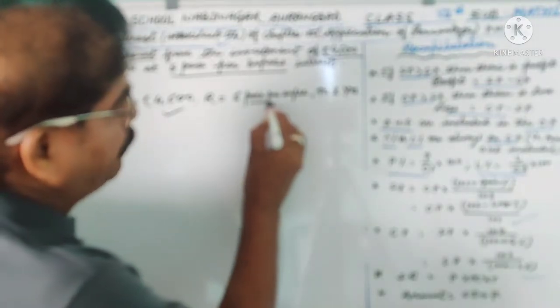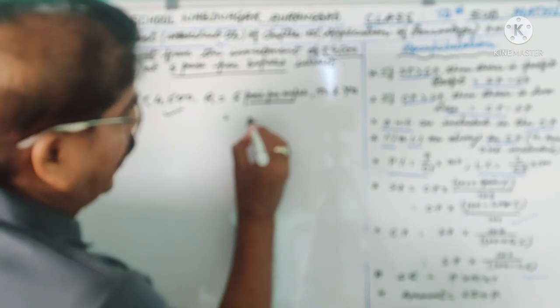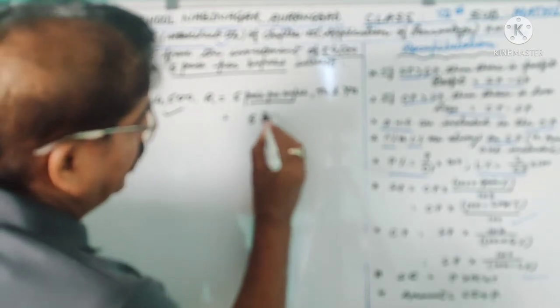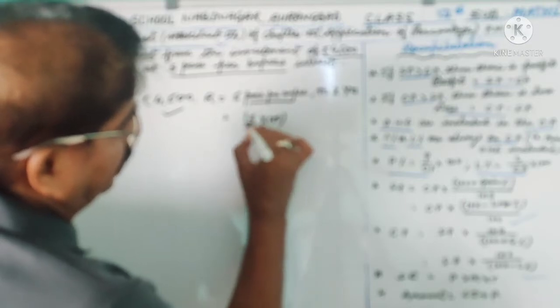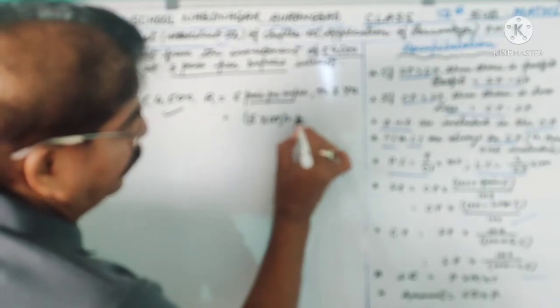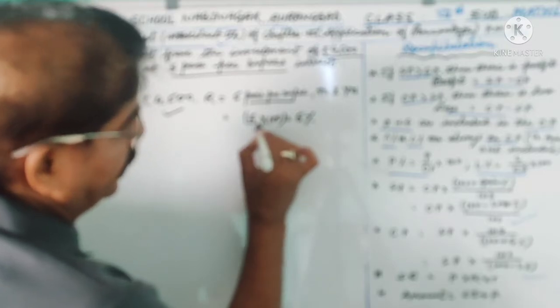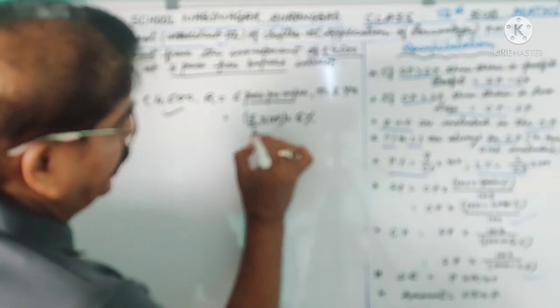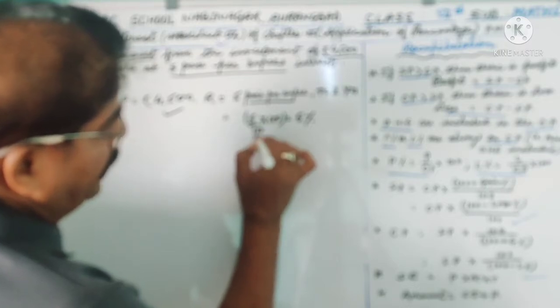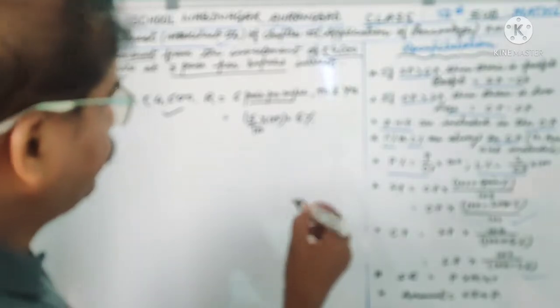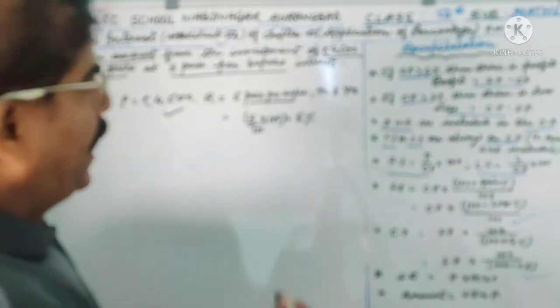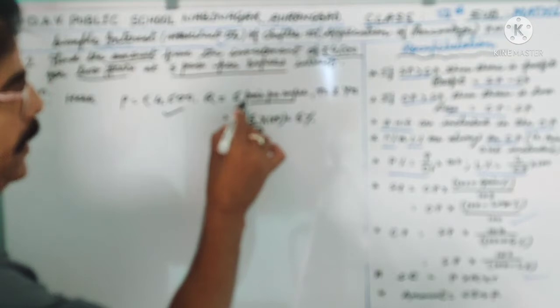Here 5 paise per rupee is given, so you multiply 5 paise by 100. That is 5/100 into 100, that means 5 rupees per 100, so 5%, and find the amount.